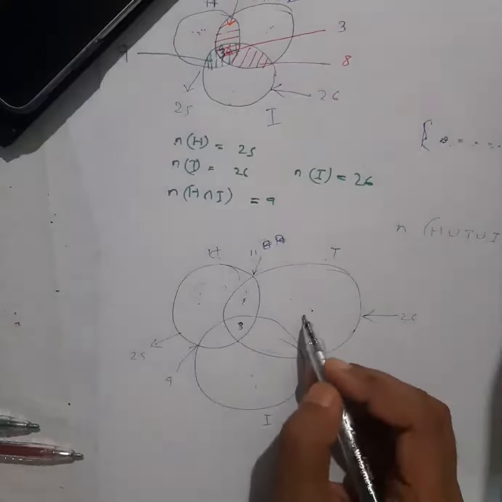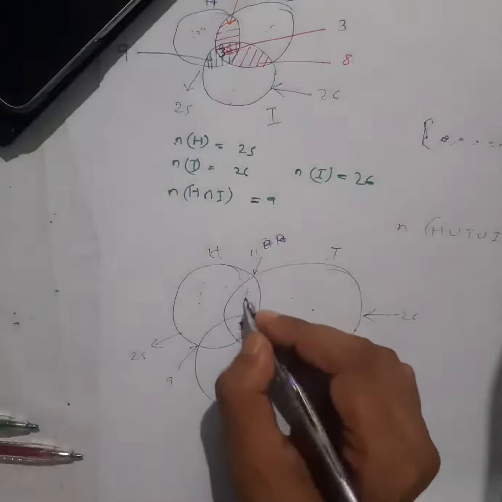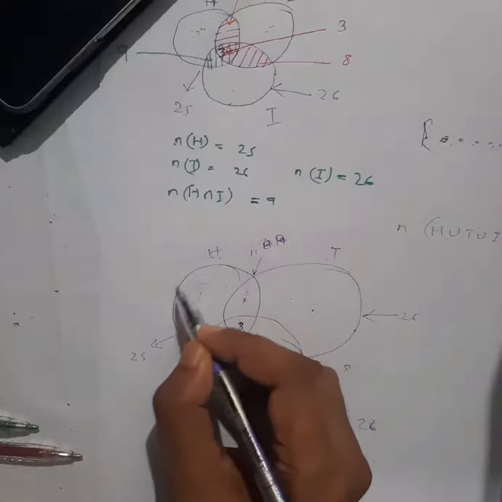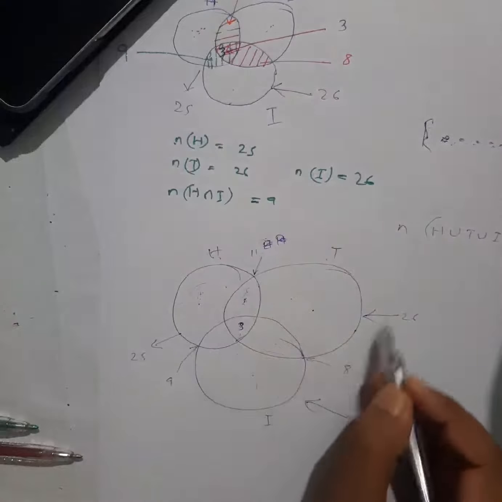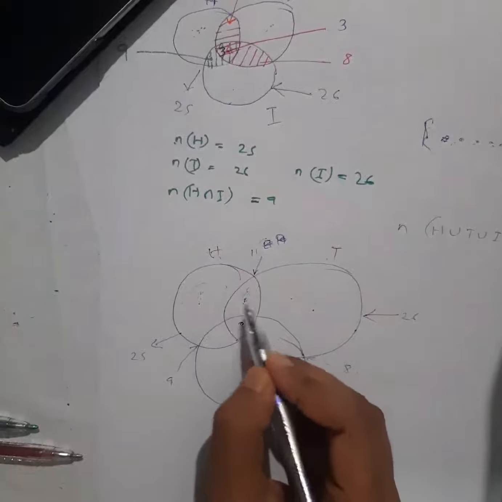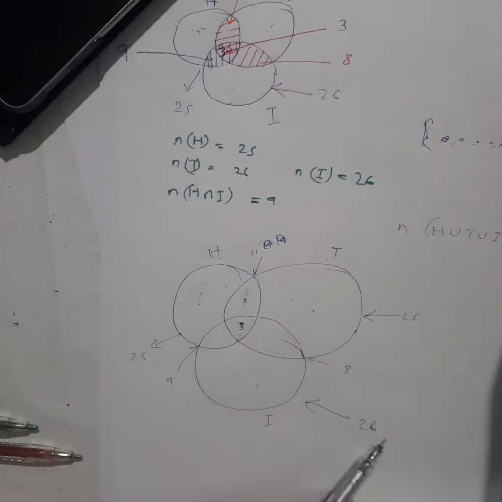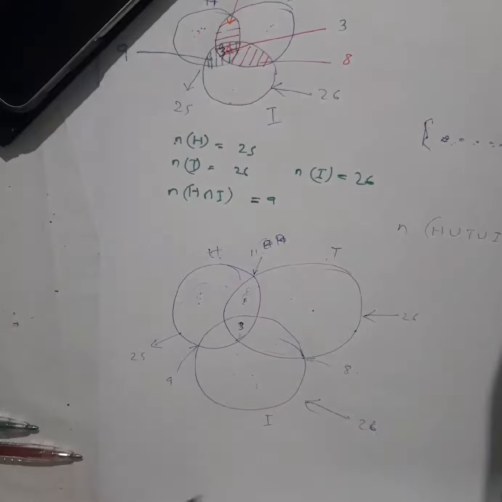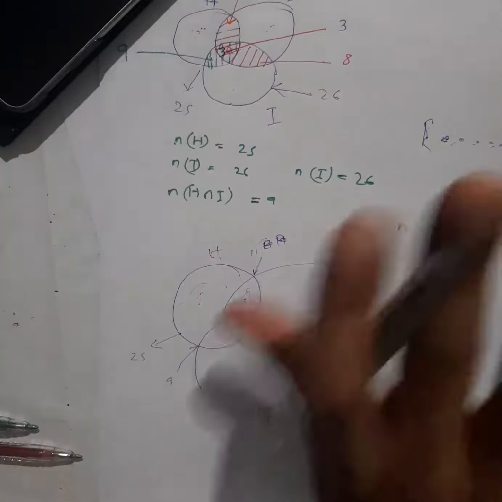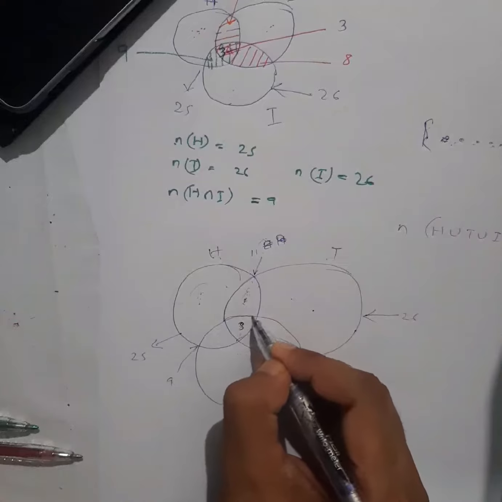Now the question is how you will find it out. I know here how many people are there? 25. Here how many? 26. Now in that 26, this common region is there again, right? Here also there are 26, and under this 26 you can see this is common with this, and this is common with this. So directly you cannot say, right? So what we will do here, we will find out this portion is how much.